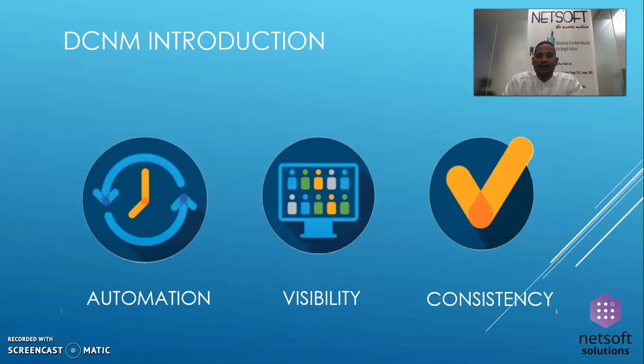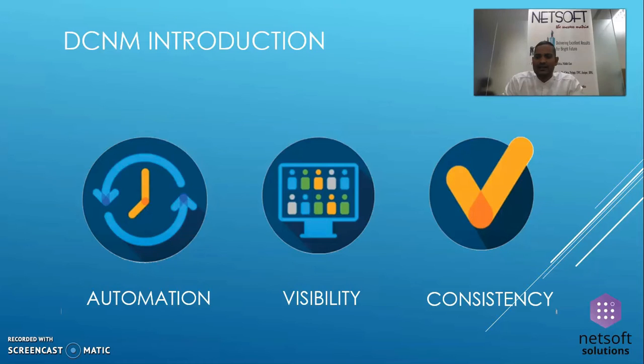So you have 20, 30, 40, 50 Nexus switches. At that time it will give all the interfaces configured on each switch, what type of traffic is flowing on each interface, which interface is up, which interface is down, and what is configured on each interface. You can easily see this by using your DCNM software.